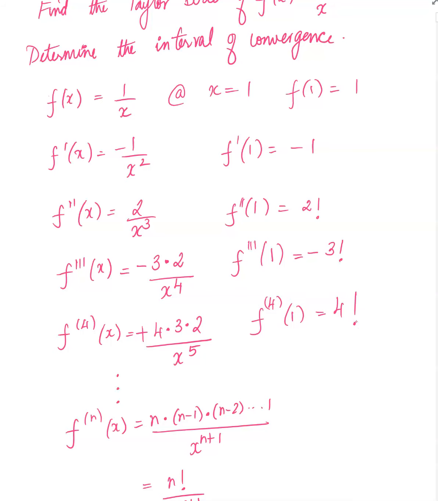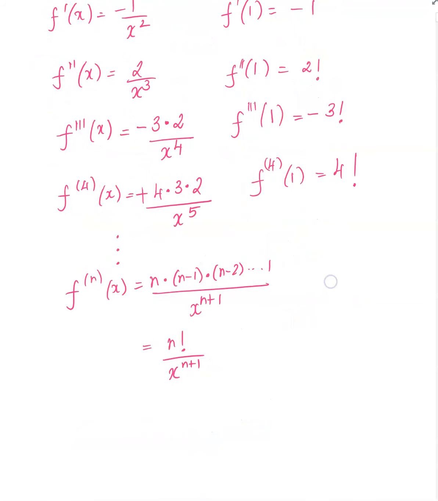Because x is 1 in the denominator, it just becomes 1 power 5, 1 power 4, and so on. So if I were to expand this, the nth derivative of f of 1 comes out to be negative 1 power n times n factorial. Remember, you have to bring in the negative 1 power n because of the fluctuating signs. This is true for all n greater than or equal to 0.